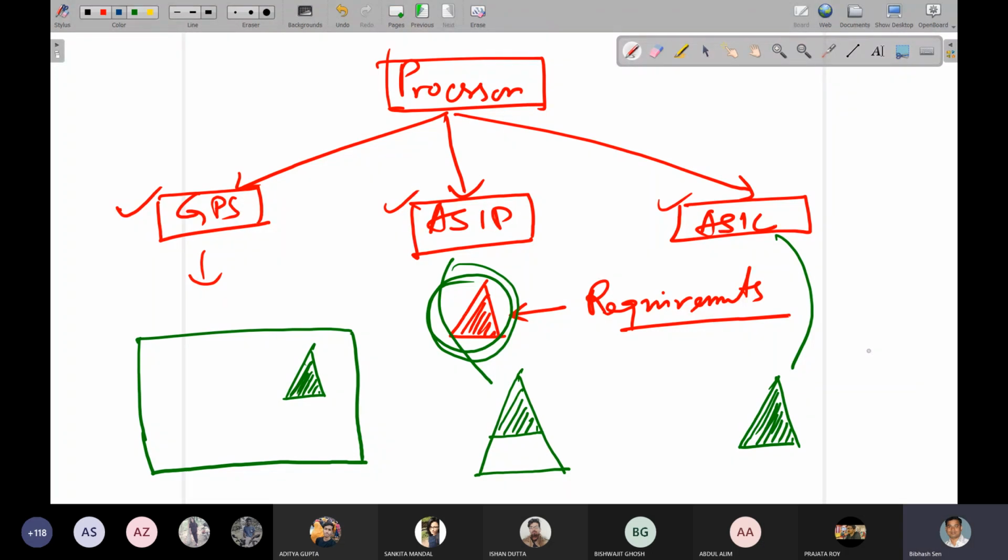Any idea? You can express it in plain English, without any technicality. Suppose these are the prototypes I have developed, different prototypes. Then what does it mean?